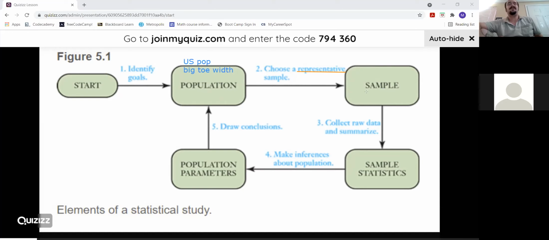So what do we do? We go to these people. We're not going to choose the entire U.S. population, but let's just do 100 people. That's a lot of people, but it's better than 7 billion or whatever. 7 million? 7 billion, I think, is what the U.S. population is, right? That's world population.